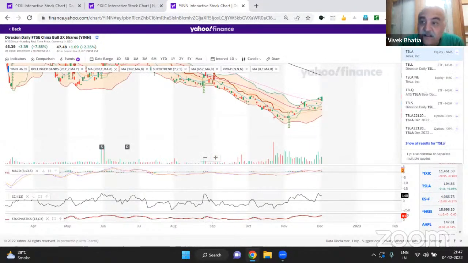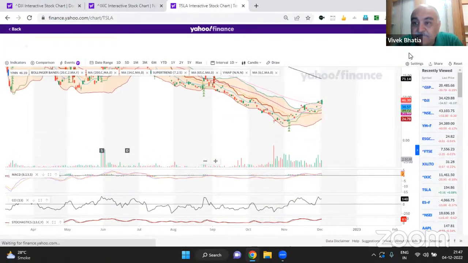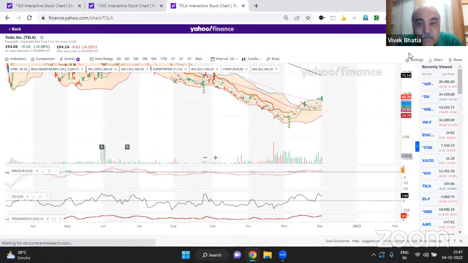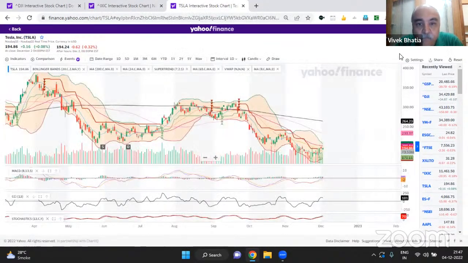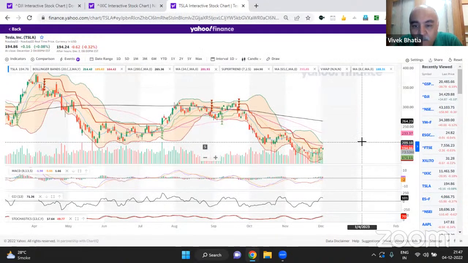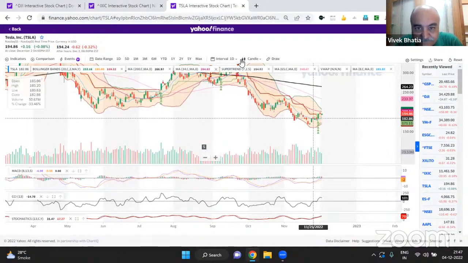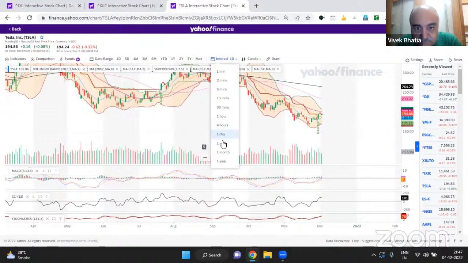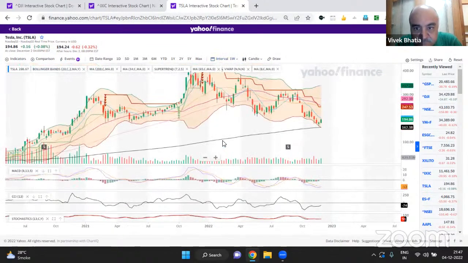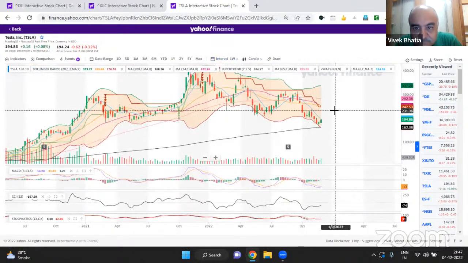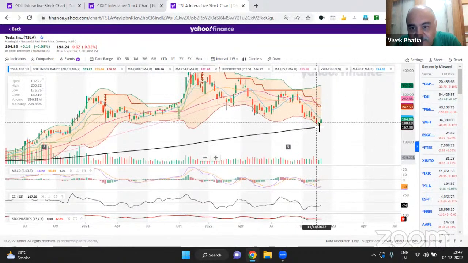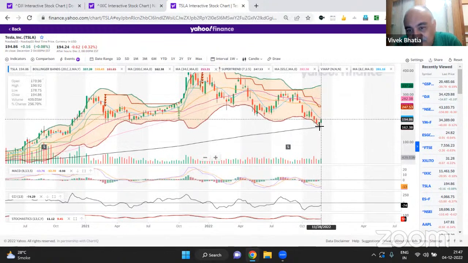Let's take Tesla. The 200-day weekly average, giving it a support.